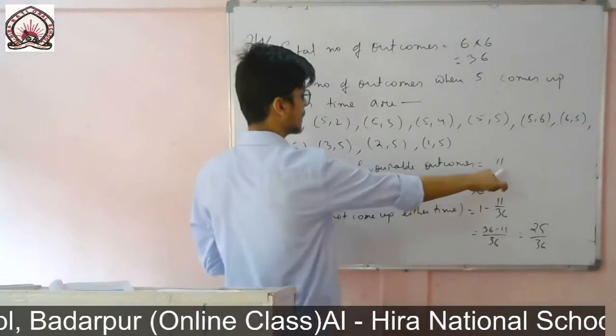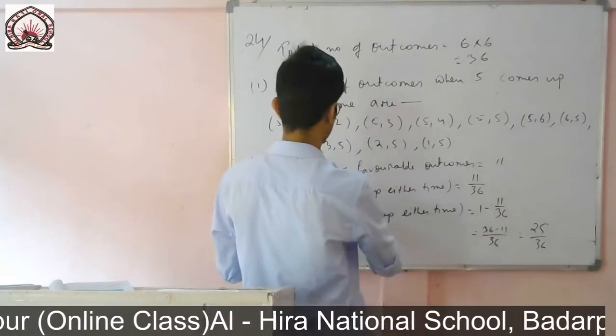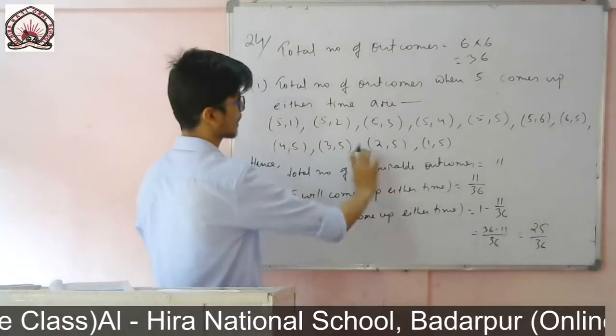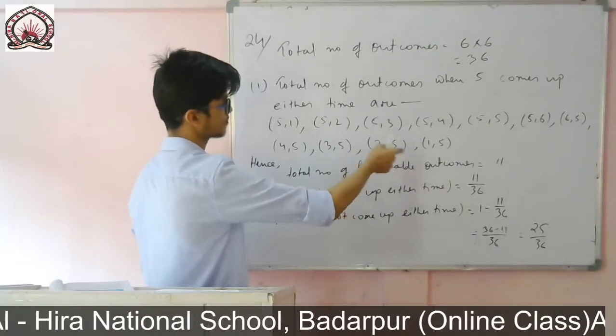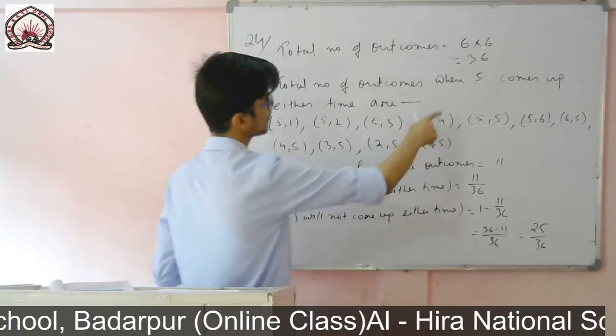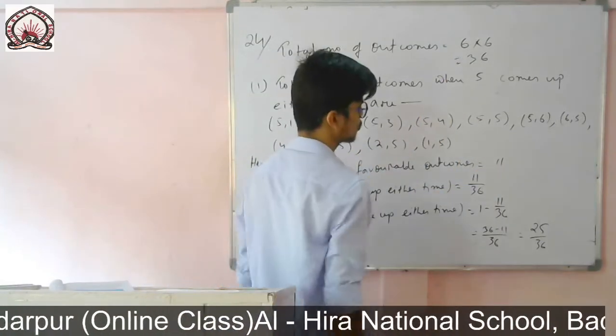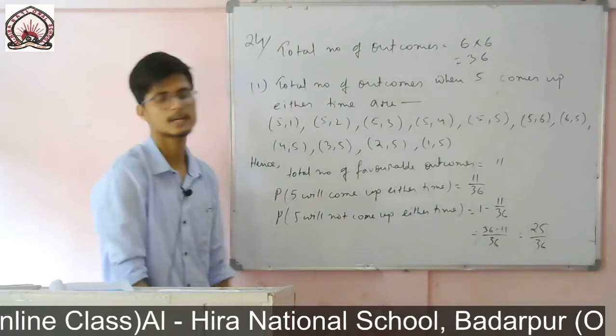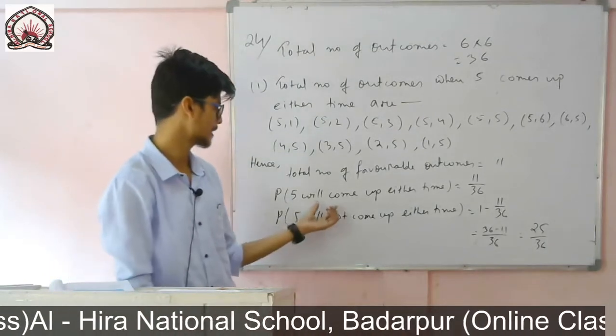Simply after writing this much, don't write favorable outcome here, directly write that the number of outcomes with a 5 is equal to 11, so the favorable outcome will be 36 minus 11, which equals 25. Then you can find it directly. But here I have done it a different way.